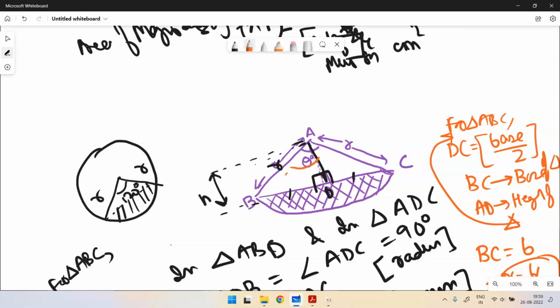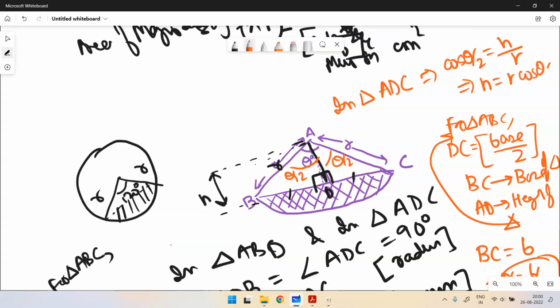Since the two triangles are congruent, this angle is theta by 2, and this is theta by 2. Now in triangle ABC, cos theta by 2 is base upon hypotenuse, that is AD by AC, which is H by r. From here you get the value of H as r cos theta by 2.